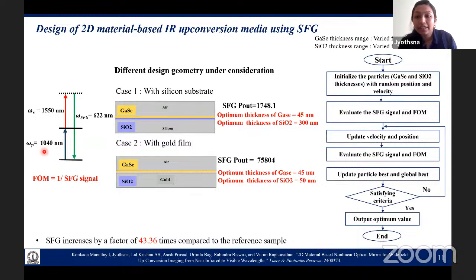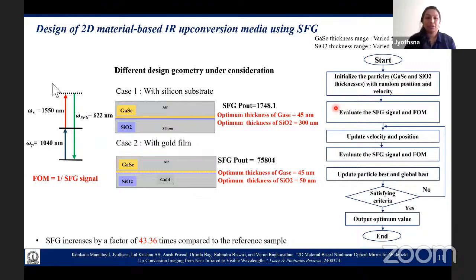Okay, so generally how this 2D material is designed is that they have a silicon substrate, we transfer this 2D material onto it, and that is the general reference sample everyone normally prefers. Here we make an additional modification: we add a gold film below this 2D material, enhancing the efficiency of the entire system.